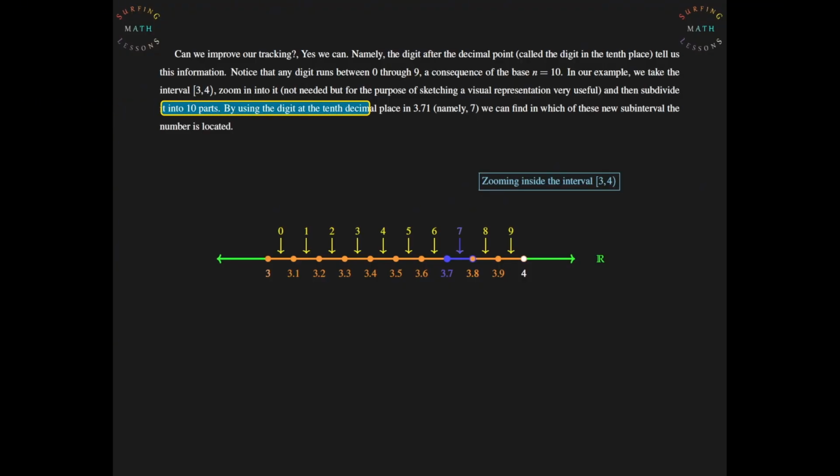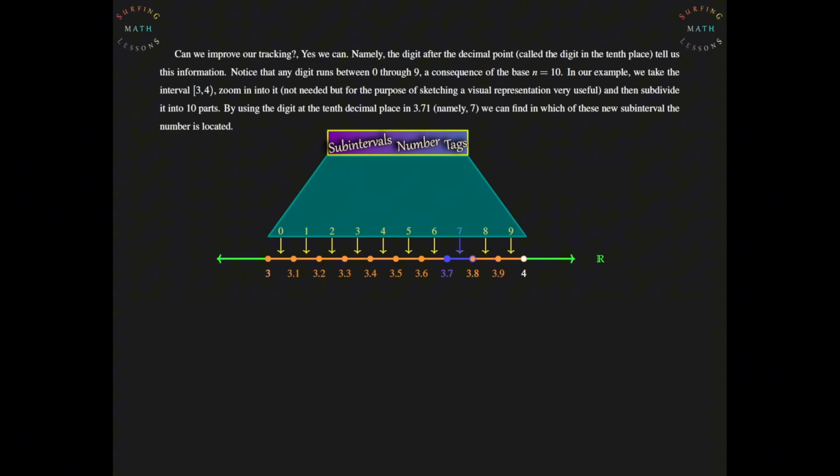Then the first decimal place in 3.71 tells us in which of these subintervals the element is. To be more specific, each of these subintervals is tagged with a digit between 0 and 9. We then associate the number's first decimal place with the corresponding tag subinterval. In the case of 3.71, its first decimal place has the digit 7, and thus the element 3.71's location can be tracked to the subinterval tagged with the digit 7.